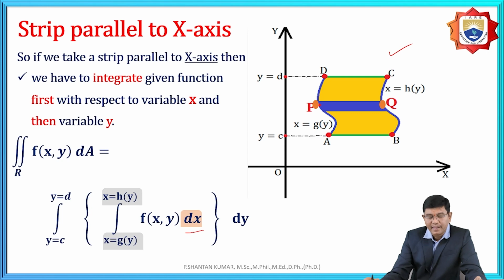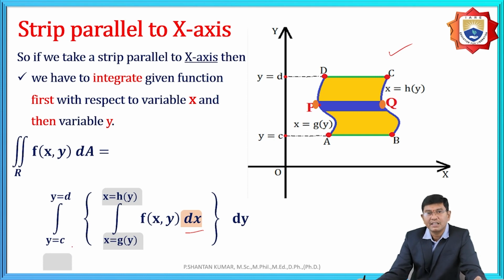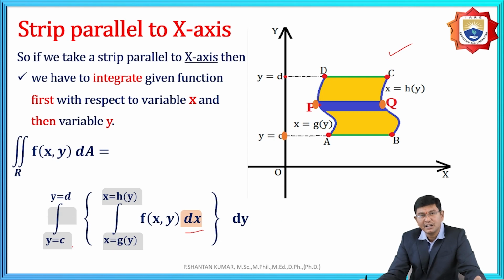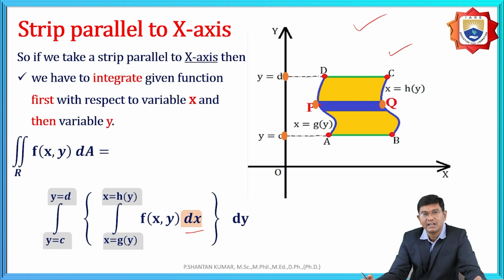The other limits are for y, with lower limit y equal to c and upper limit y equal to d. This is the strip parallel to the x-axis, and in the previous session we discussed how to find the limits and the solution based on it.